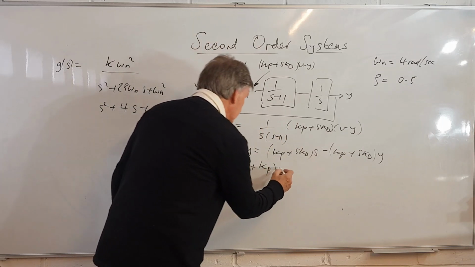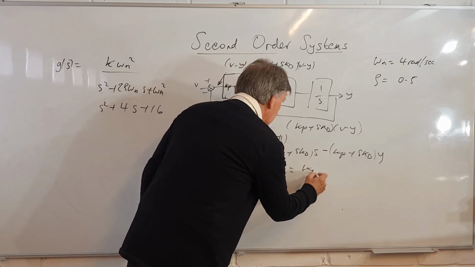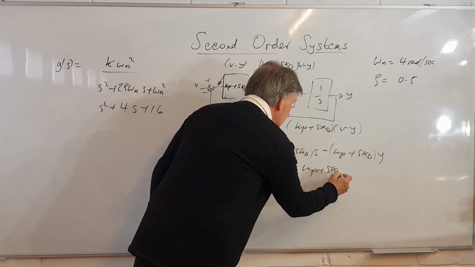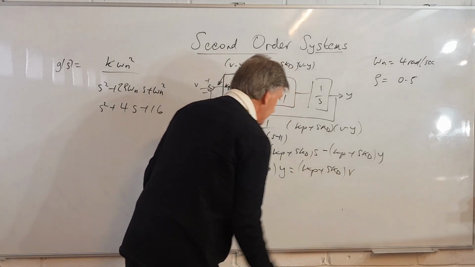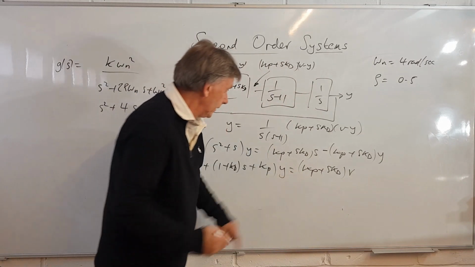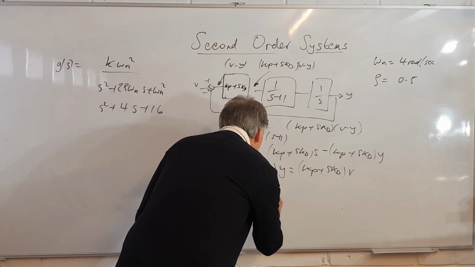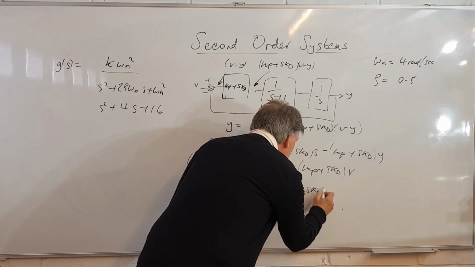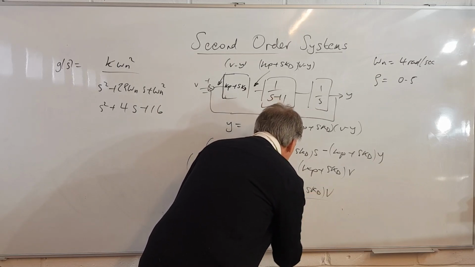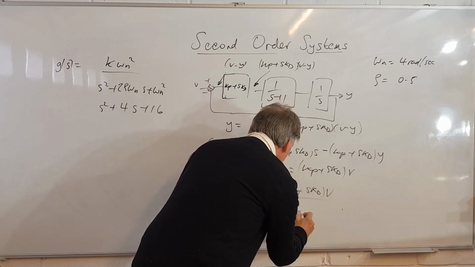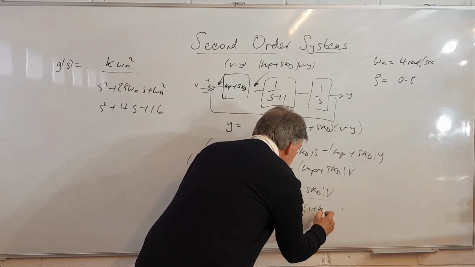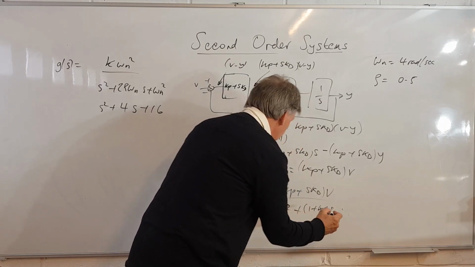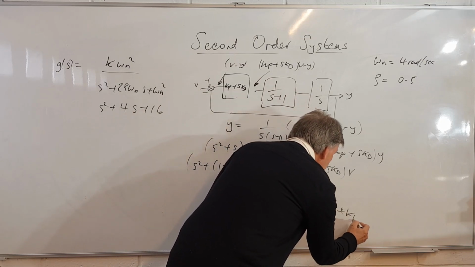Kp times y equals Kp plus s Kd times v. If we move this underneath, then we finally get that y is equal to Kp plus s Kd times v over s squared plus 1 plus Kd s plus Kp.